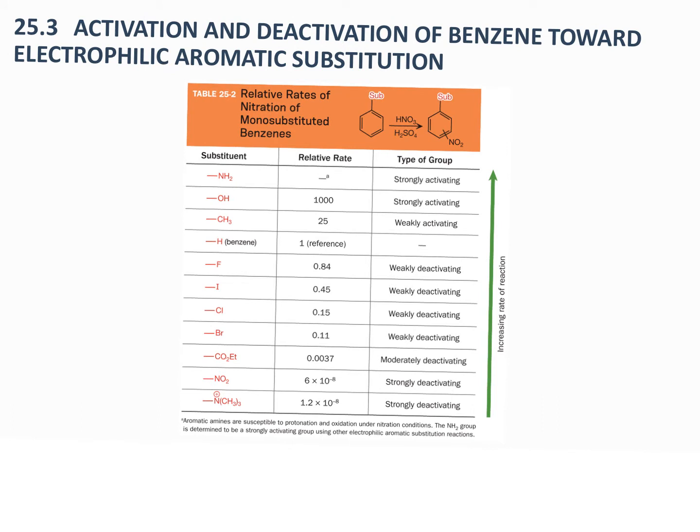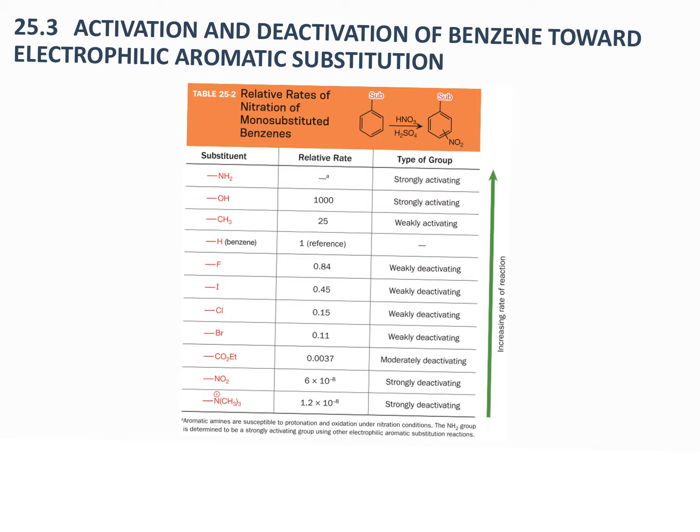So let's begin by looking at table 25.2, which lists the relative overall rates for nitration of various monosubstituted benzenes. I want to draw your attention to the middle here. That's the reference, okay? And so according to this table, phenol here undergoes nitration about 1,000 times faster than benzene.